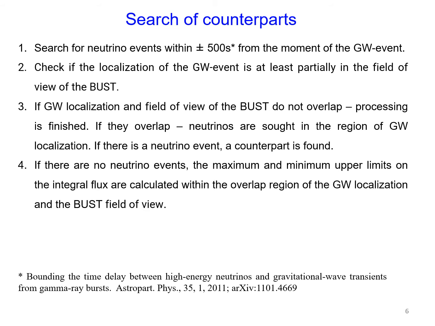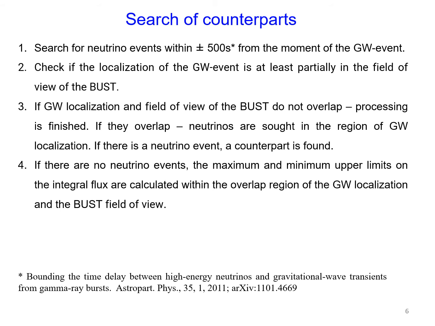How do we search for counterparts? First, we search for neutrino events within 500 seconds from the moment of the gravitational wave event. Then we check if the localization of the gravitational wave event is at least partially in the field of view of the Baksan Underground Scintillation Telescope.